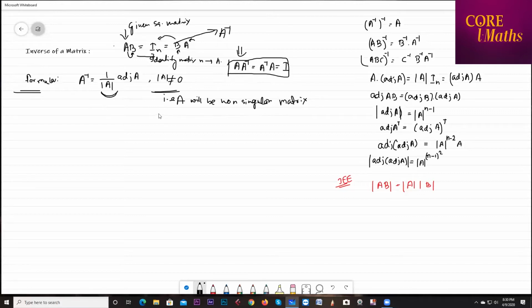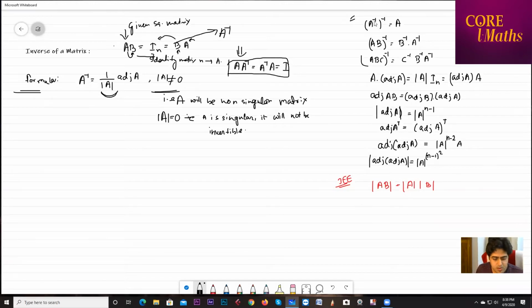So if determinant of A is 0, that is, if A is singular, it will not be invertible. Clear?